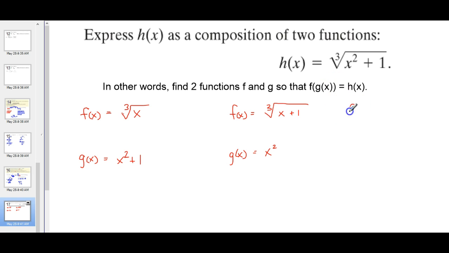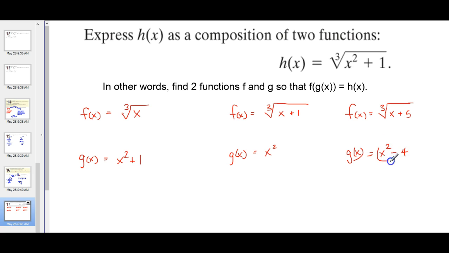And I'll show you where you'll be able to kind of tell after this. But let's say that I call this x, the cube root of x plus 5. Well, plus 5, that's a plus 1. Right, it is. But I could make g of x equal to x squared minus 4.